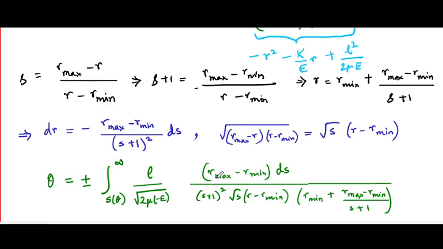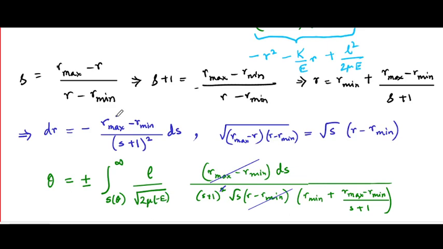And of course, this whole combination r max minus r min by r minus r min is nothing but s plus 1. So one of the s plus 1s just goes away. And then if you multiply the s plus 1 through, you will actually get something which is very easy to figure out. It's going to be r min into s plus r max. So that's what that bracket is going to turn out to be.